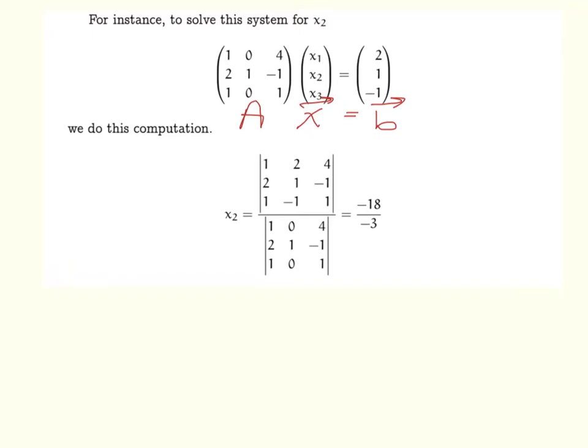So I have a matrix here, matrix A. Vector x is equal to right-hand side B. AX is equal to B. So I'm wanting to solve this system, but only for x2. The one in the middle right here. That's all I want. Cramer's rule says what? x2 will be equal to a new matrix, which I'll come back to in a minute. The determinant of that new matrix divided by determinant of the original matrix.